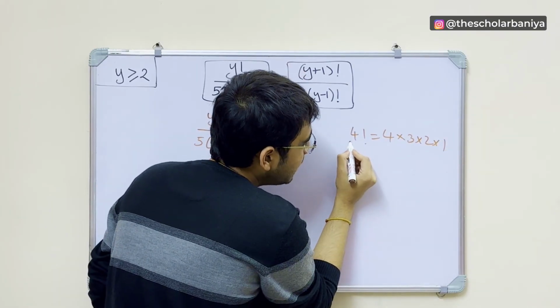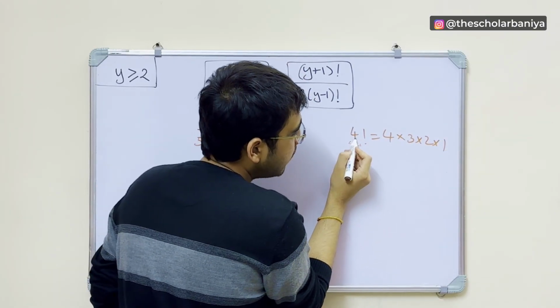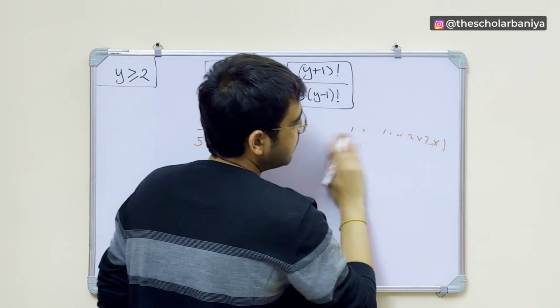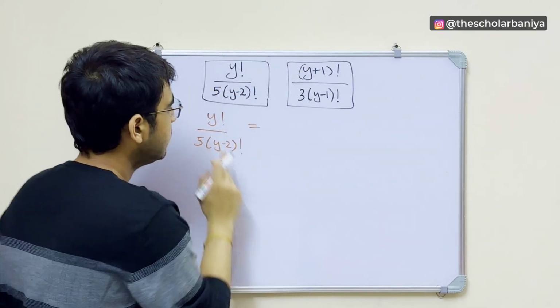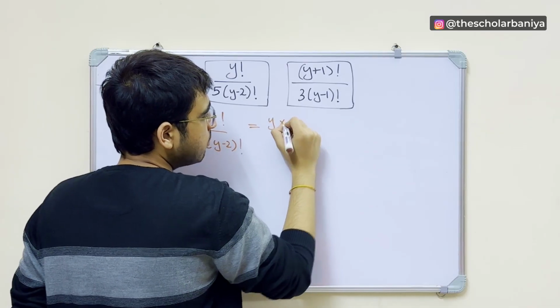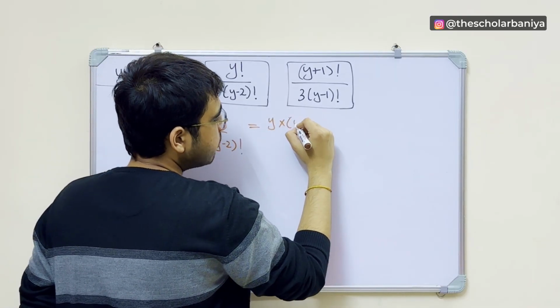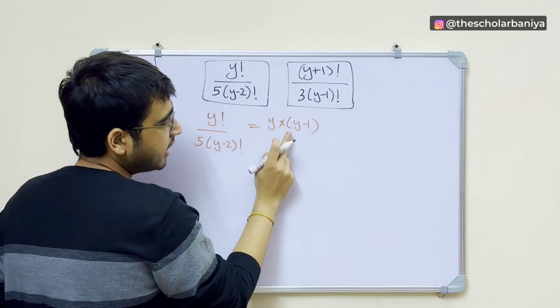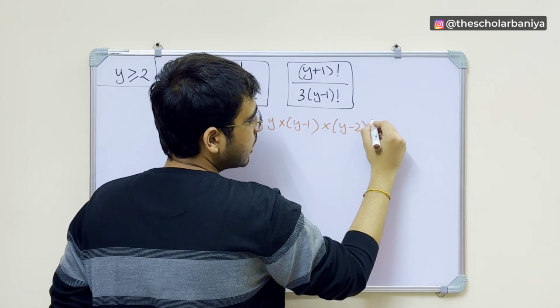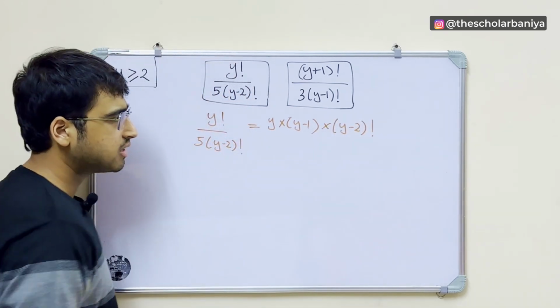So basically we keep reducing one term. 4 minus 1, 3. 3 minus 1, 2. 2 minus 1, 1. Right? Similarly, we can write y factorial as y into, we reduce 1, this becomes y minus 1. We again reduce 1, this becomes y minus 2 factorial. I hope this makes sense.